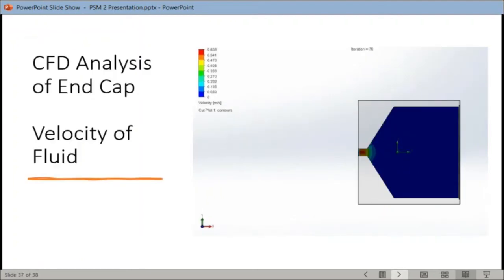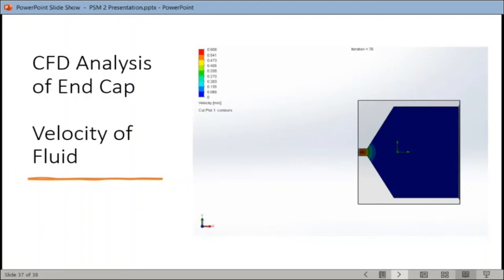For the velocity of fluid, the initial velocity that goes through the inlet of the cap is 0.068 meter per second. As it goes to the smaller cross-section, which is at the outlet of the end cap, the velocity slightly increases. The reason for this is the physics of the fluid: as the area decreases, the velocity of the fluid increases proportionally as a consequence of the continuity equation.